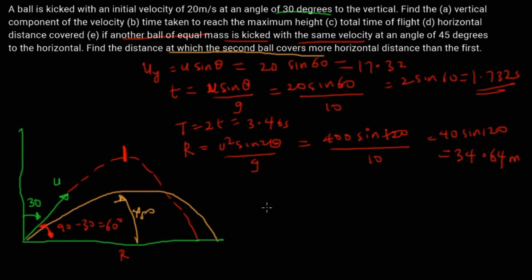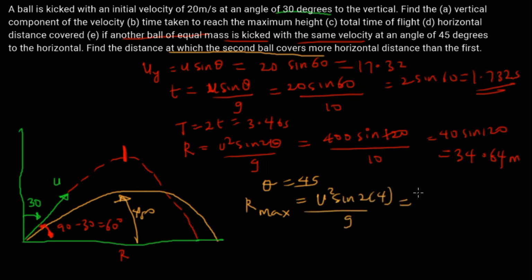To find this, we are looking for the horizontal distance, which is the range. In this case theta is now 45 degrees, so that's the r max. Theta at 45 degrees gives the maximum range, which is u squared sine 2 times 45 upon g.